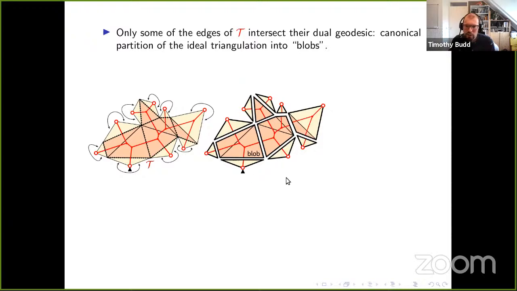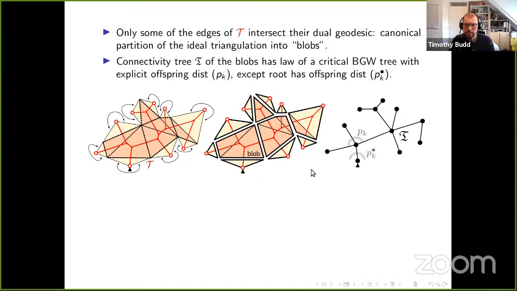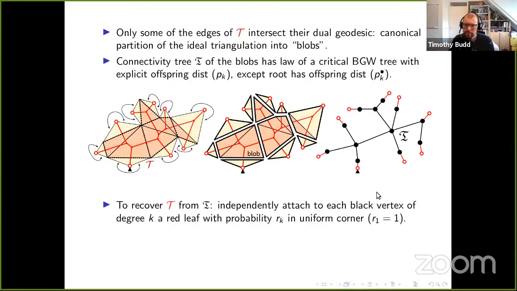This leads to a decomposition of our triangulation into smaller building blocks that we call the blobs. And what we can then do is look at the tree that encodes the connectivity of the blobs. And this tree is a standard Galton-Watson tree with an explicitly known offspring distribution, p_k, with a slight modification at the root.